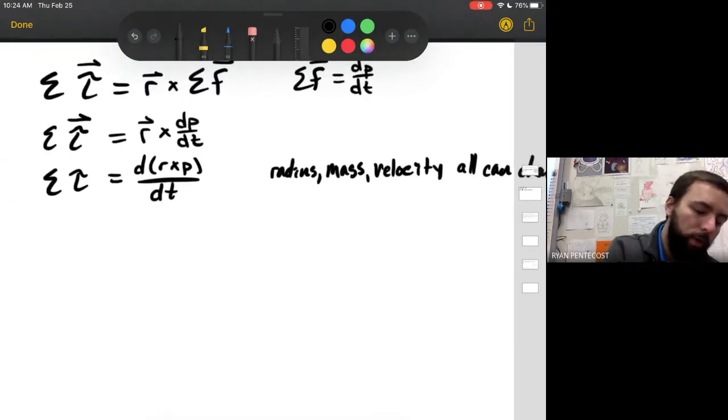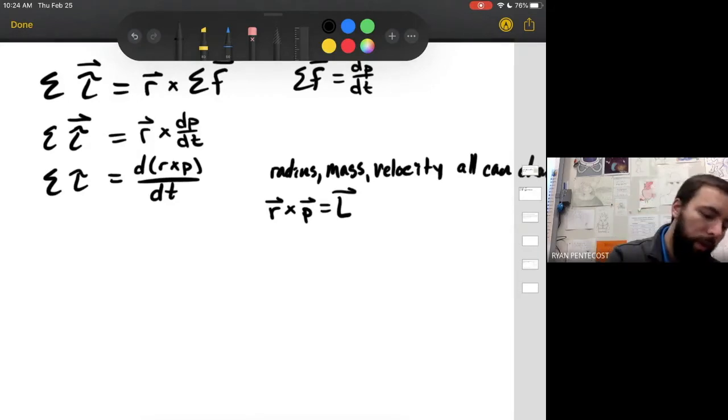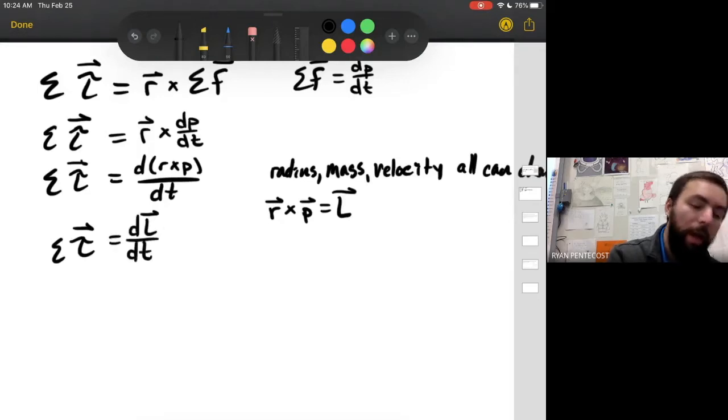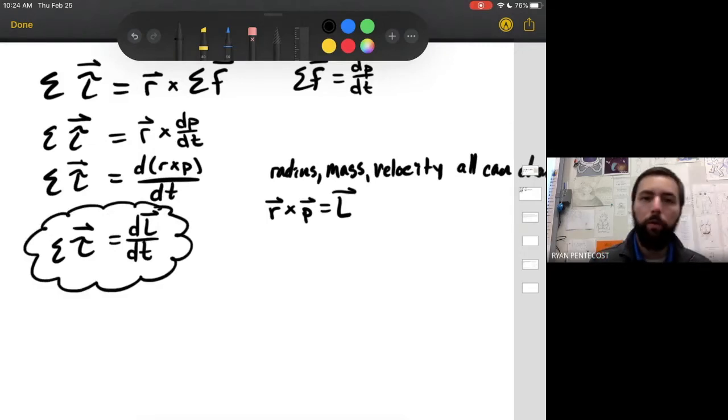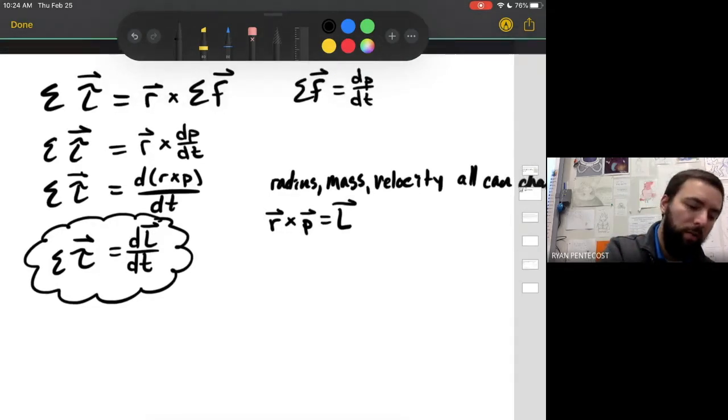Now we also want to use the definition that r cross p equals angular momentum. So that means that the summation of torque would result in a change in angular momentum. So where force results in a change in linear momentum, torque will result in a change of angular momentum.